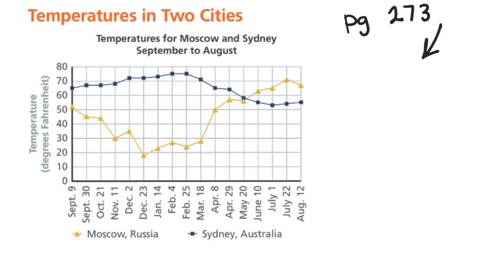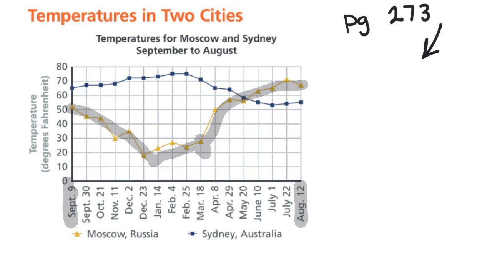Okay, something that I notice is that from September, so I'm going to highlight right here, September, and then to August, which is the end, for Moscow, it kind of goes down, and then it comes back up. It starts coming back up really about March right here.